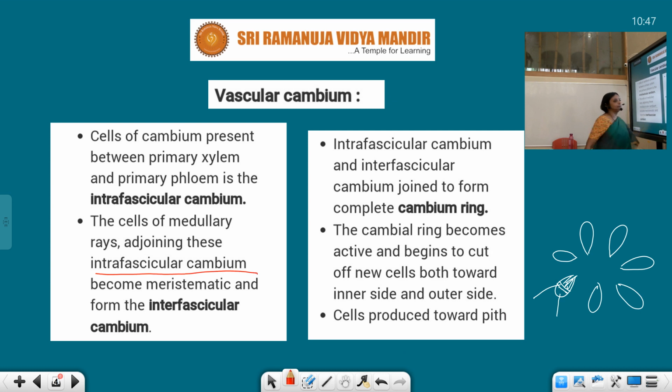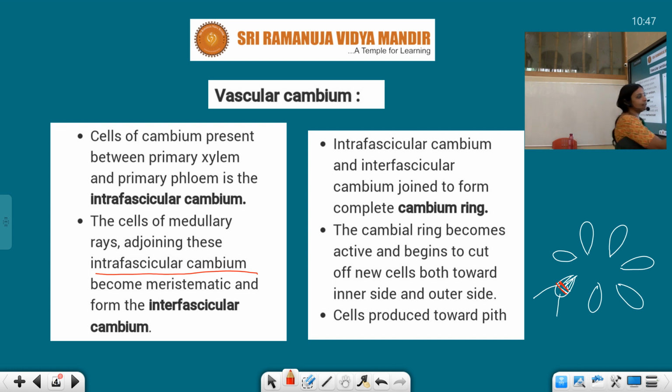What does intrafascicular cambium mean? The cambium which is present in a bundle in between xylem and phloem is called intrafascicular cambium. This part becomes meristematic and forms interfascicular cambium.